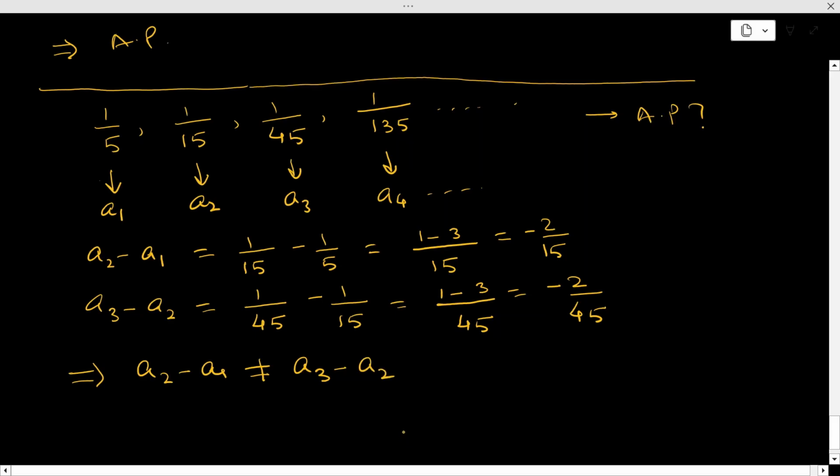We don't need to find more differences, because the differences are not the same. This is enough to conclude that this is not an AP.